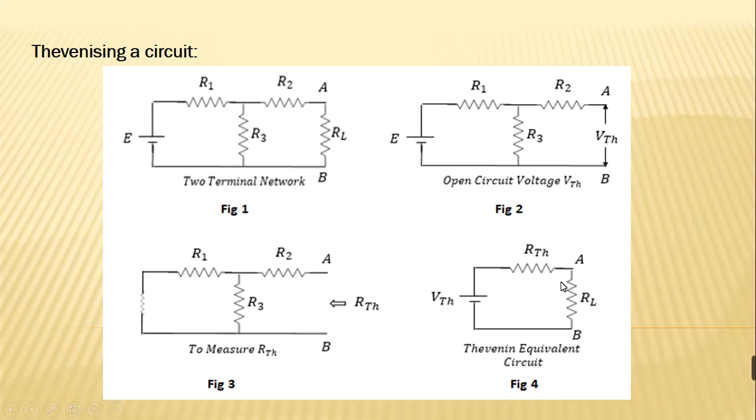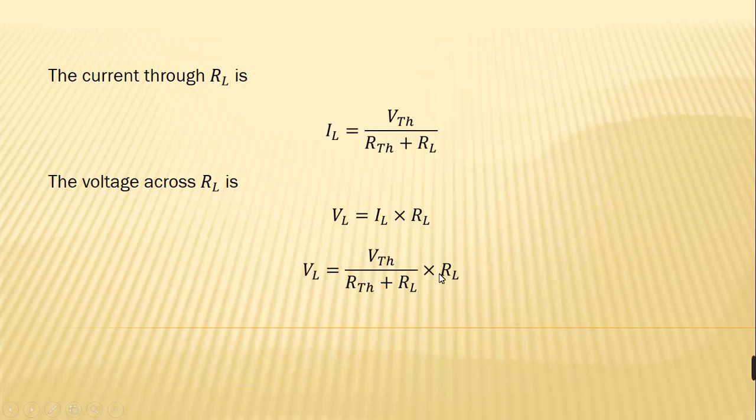So IL equals V Thevenin divided by R Thevenin plus RL. Similarly, the voltage drop across the load resistance is VL equals IL into RL.